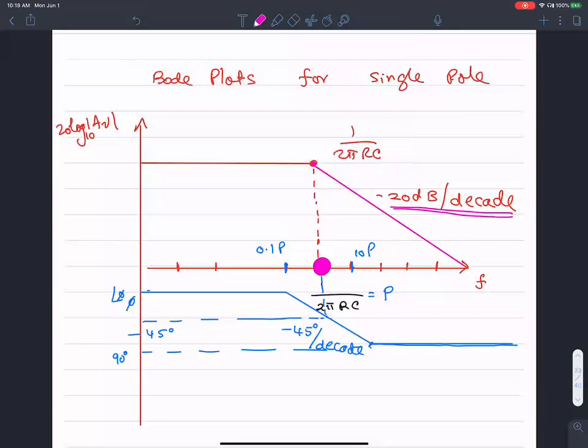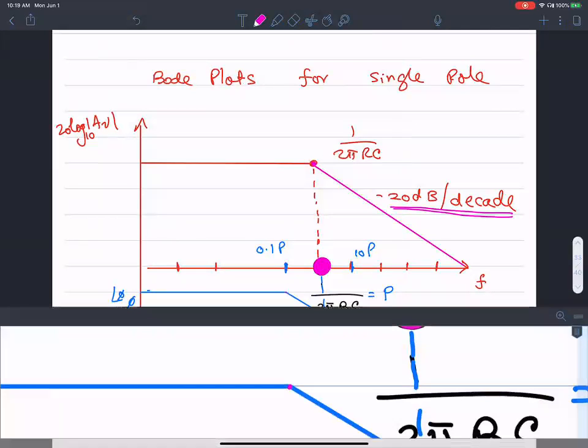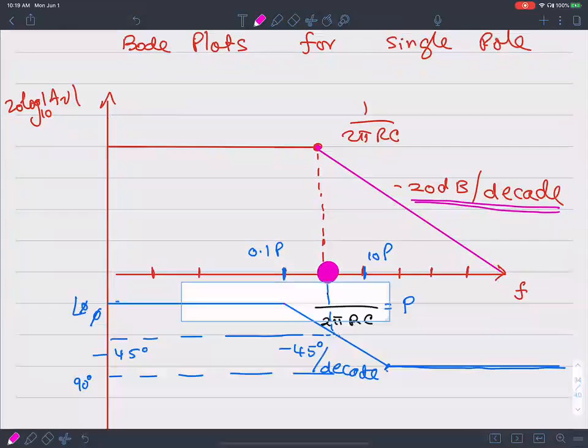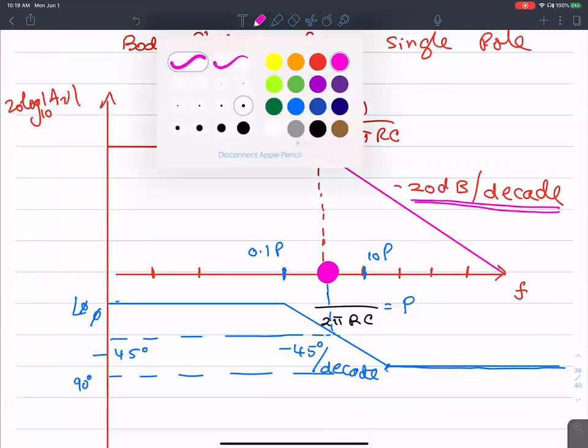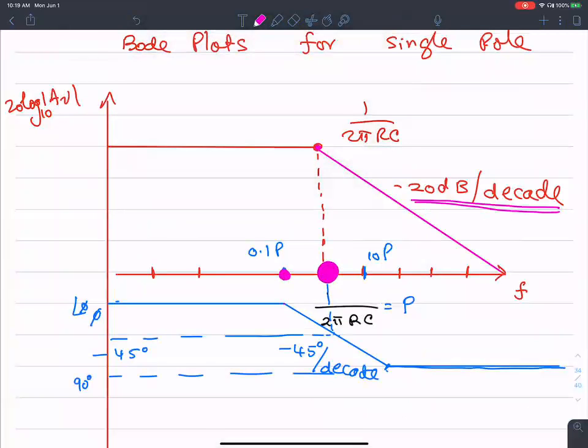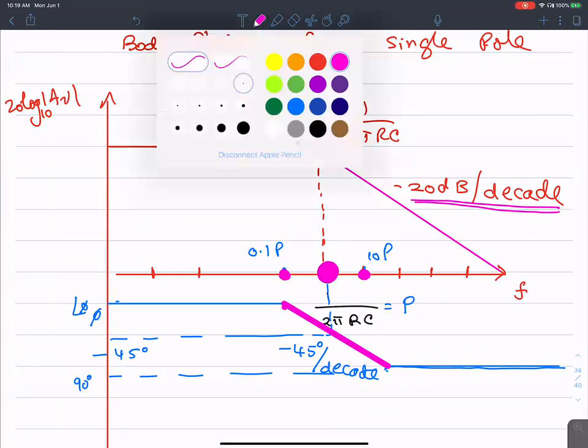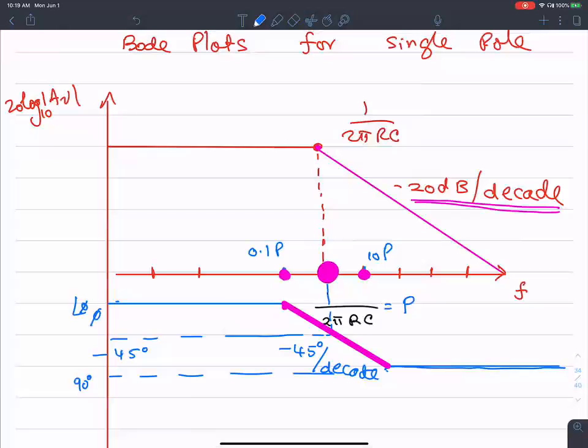And then about the phase, what happens is the pole begins to affect the phase at 10 times below the pole frequency, and it has its effect up to 10 times above the pole frequency. So at 10 times below the pole frequency, the phase begins to fall at negative 45 degrees per decade.